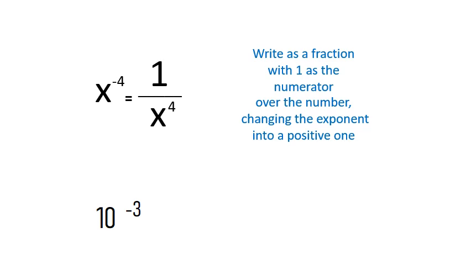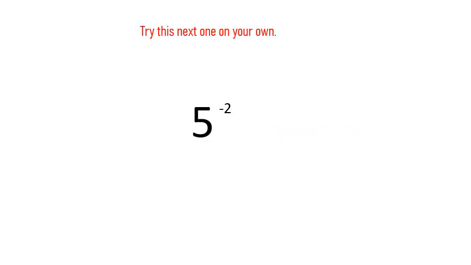So in this case, I have x to the negative 4th power equals 1 over x to the positive 4th power. Using real numbers, I have 10 to the negative 3rd power. I can rewrite it as 1 over 10 to the positive 3rd power. Try this next one on your own.